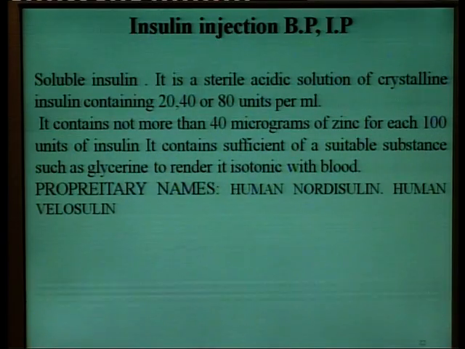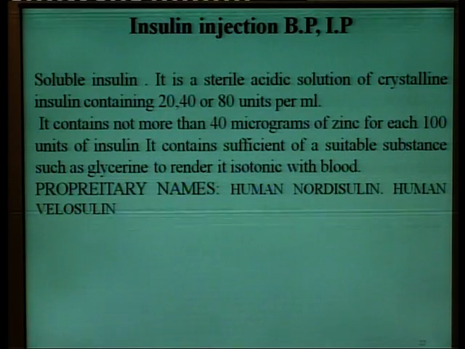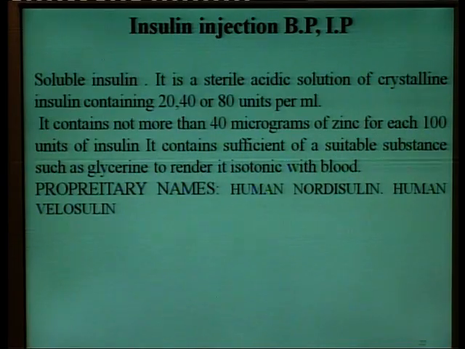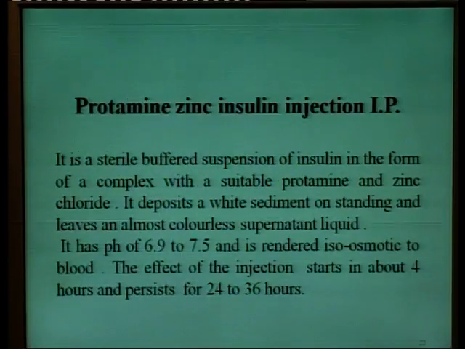It contains not more than 40 micrograms of zinc for each 100 units of insulin. It contains a sufficient quantity of a suitable substance such as glycerin to render it isotonic with blood. The different proprietary names are given. These proprietary names you will be coming across for each preparation.